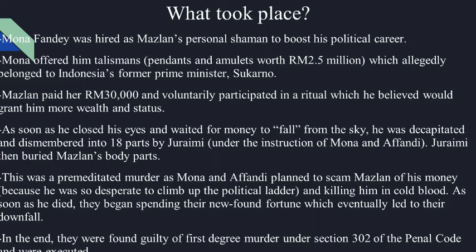This was a premeditated murder, as Mono and his affiliates planned to scam Moslin of his money because he was so desperate to climb up the political ladder, and killing him in cold blood. As soon as he died, they began spreading their newfound fortune, which eventually led to their downfall. In the end, they were found guilty of first-degree murder under Section 302 of the Penal Code and they were executed.